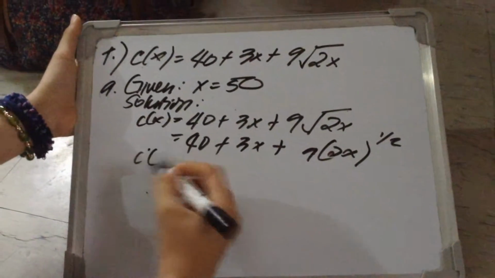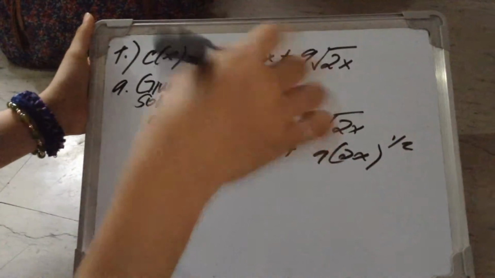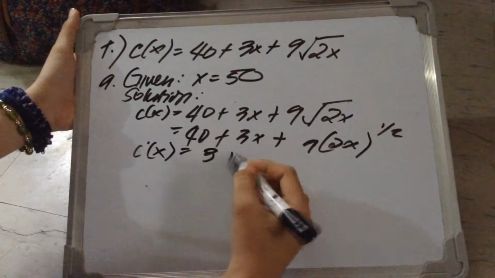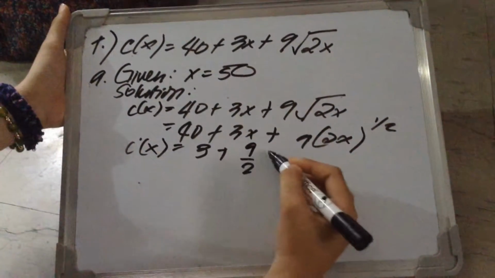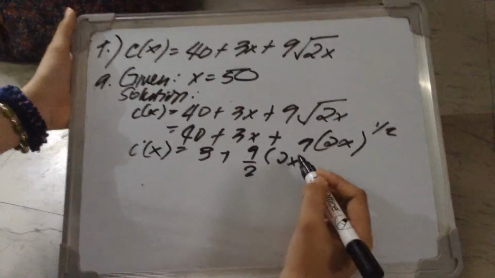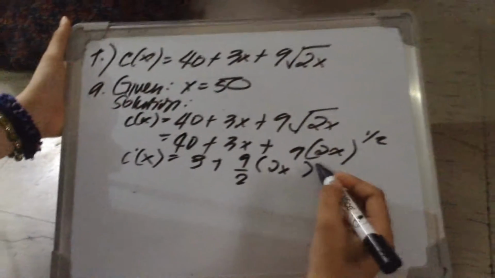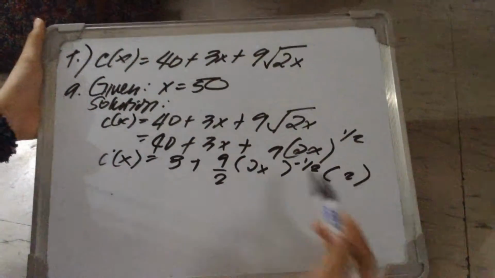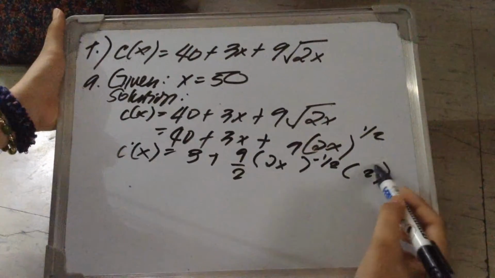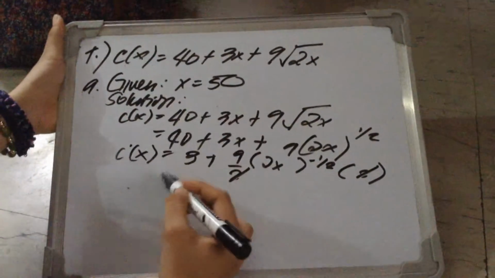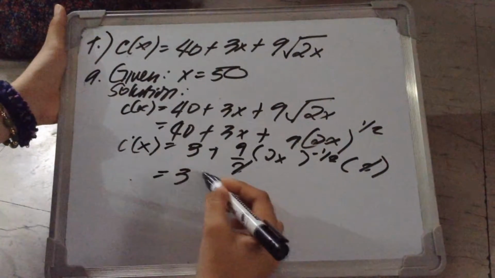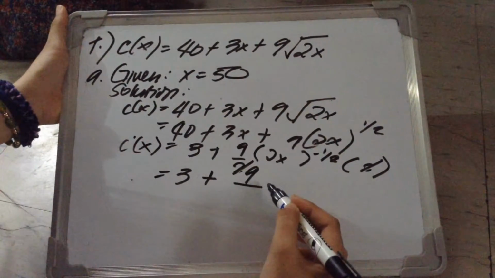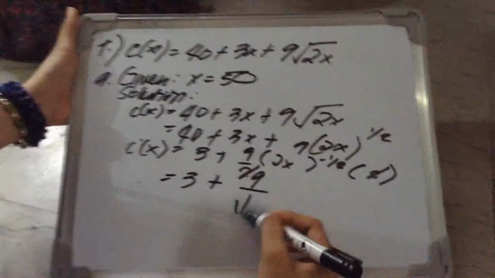The derivative of 40 is 0, and the derivative of 3x is 3, plus the derivative of 9 times 2x to the power of 1/2, which is 9 over 2 times 2x to the power of negative 1/2 times 2. Now we cancel out the 2, and with that we have the answer 3 plus 9 over the square root of 2x.